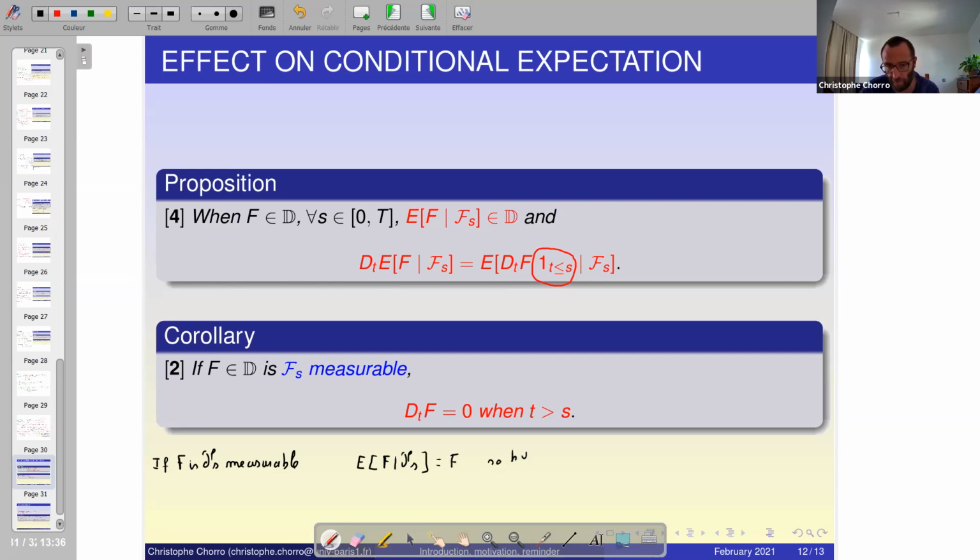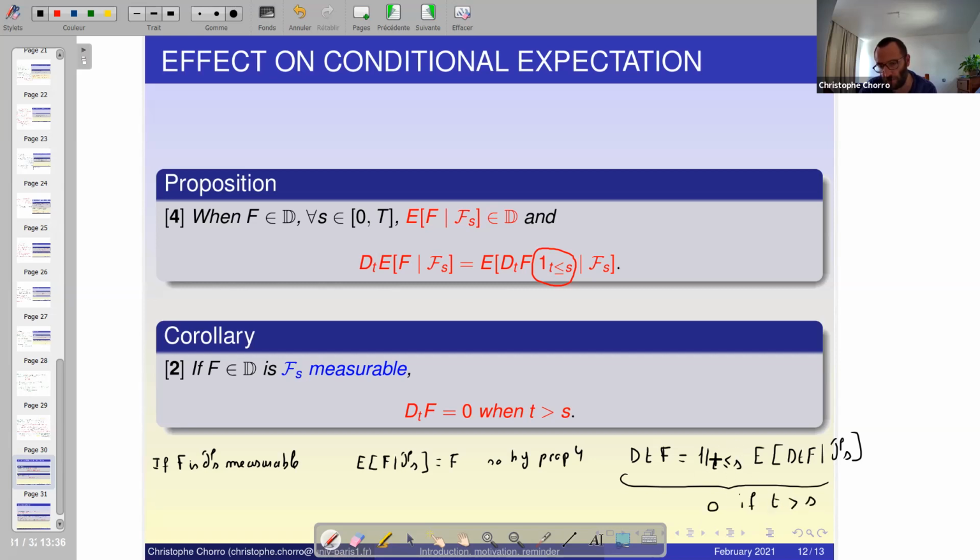So by proposition 4, I have that Dt of the conditional expectation, that is in this case only Dt of f, is equal to this expression here, the indicator function of t less than s times the conditional expectation of Dt of f given Fs. And this one is 0 if t is strictly greater than s, because I have the indicator function here.